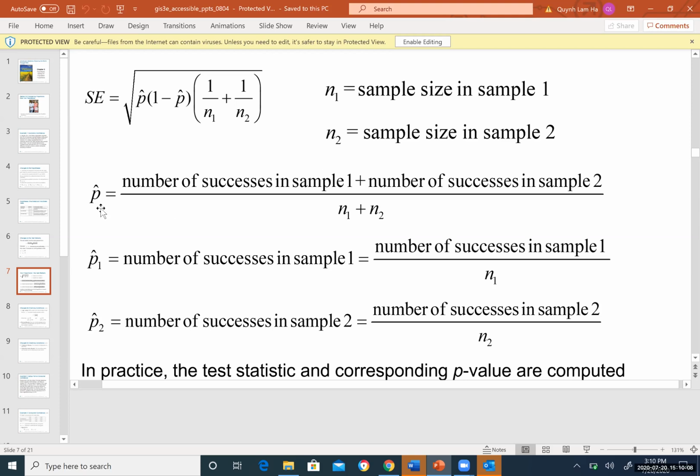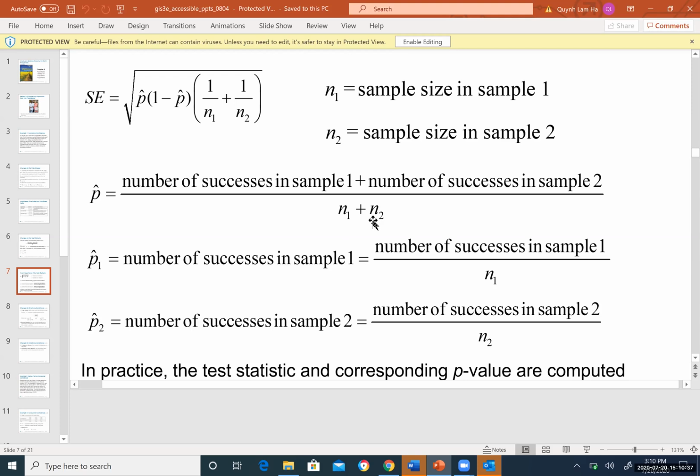So how can you compute the P hat? We need to use both samples. You take the number of successes in sample 1, add the number of successes in sample 2, and divide everything by the total sample size for both, which is N1 plus N2.